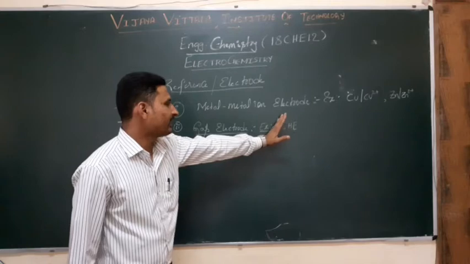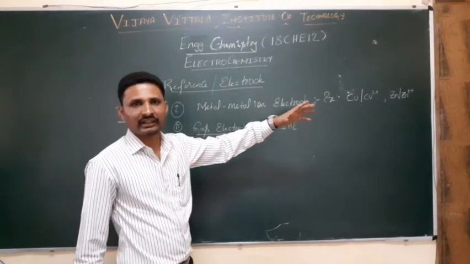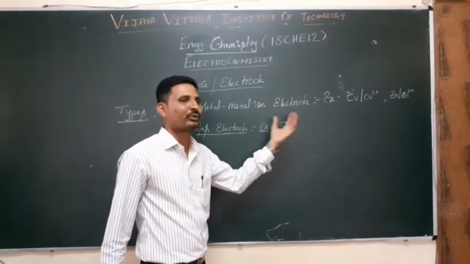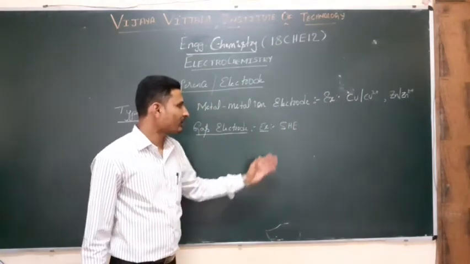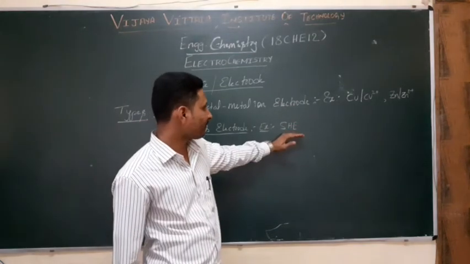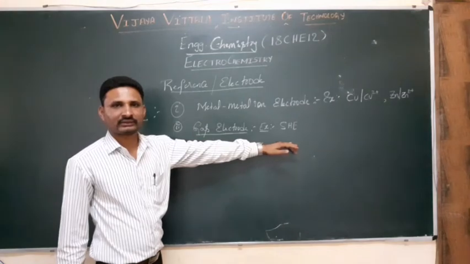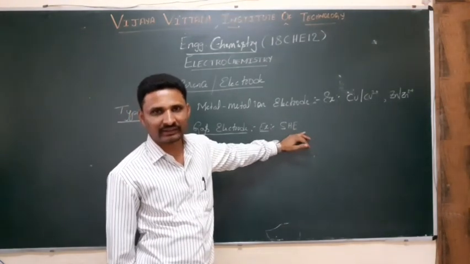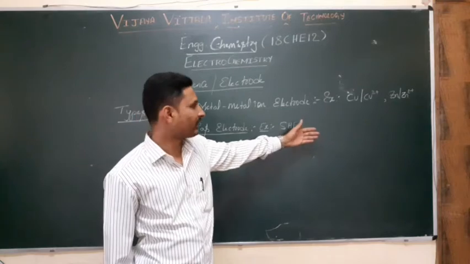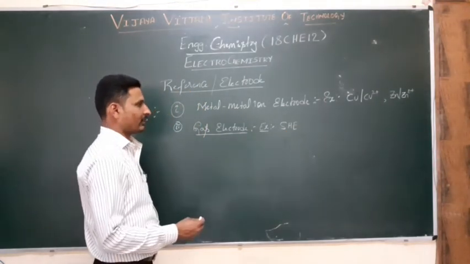You have studied this in the previous class: the construction and the working of the standard hydrogen electrode. The standard hydrogen electrode is defined as zero potential in the electrochemical scale, that is, it gives zero electrode potential.